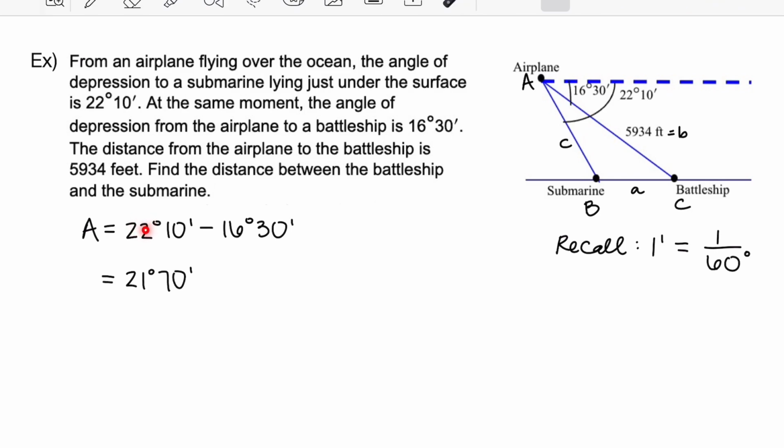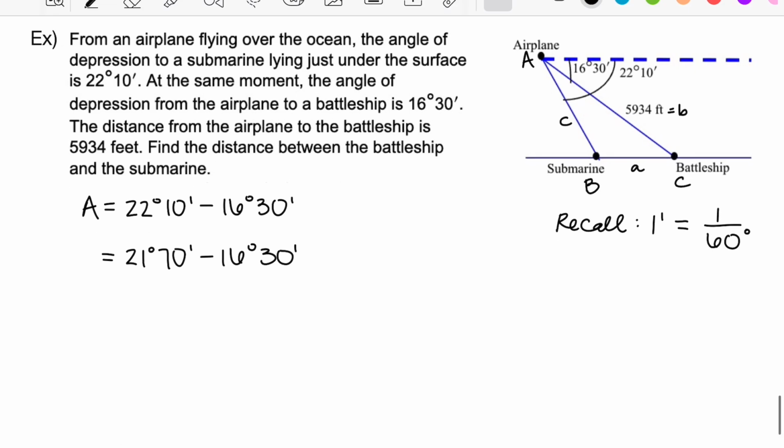I'm taking away 1 degree here and then adding 60 minutes here, and the reason is so that when we subtract these, we don't get a negative amount of minutes. All right, so subtracting this, we will get 5 degrees and 40 minutes.